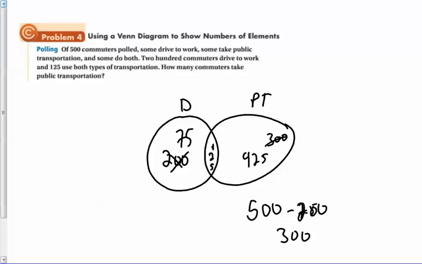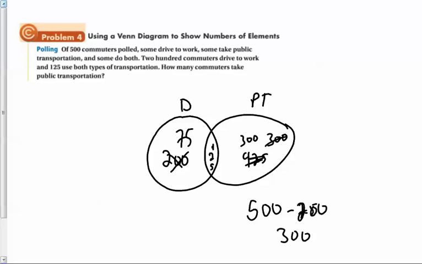Well, the total is 425, so there's 300. Yeah, there's 300 in there, because the whole is 425 plus. That makes sense. So this is 300 who just take the public transportation. All right. So this is a little sketchy. I apologize for that, but hopefully you get it.